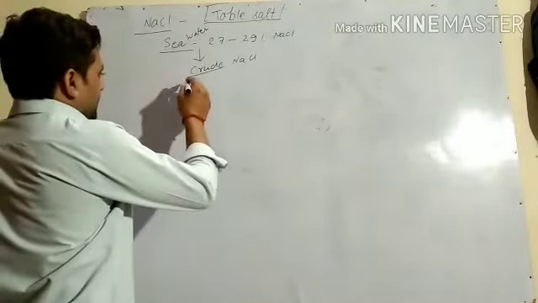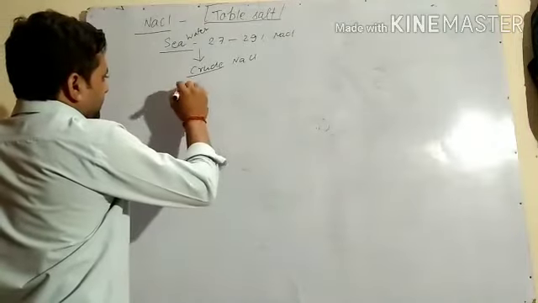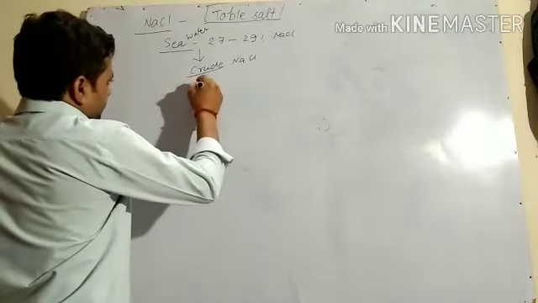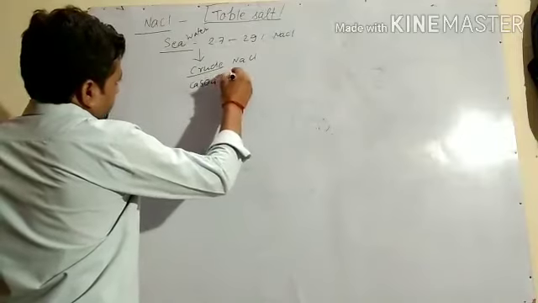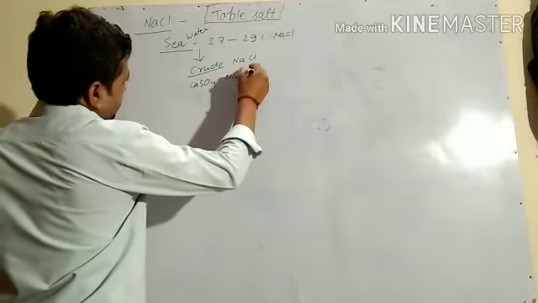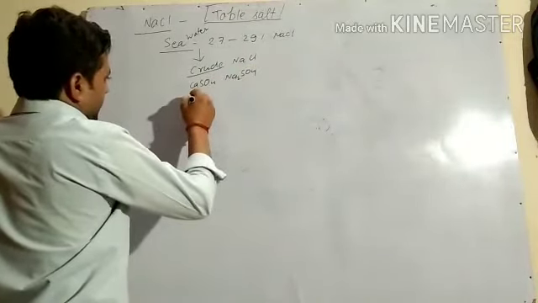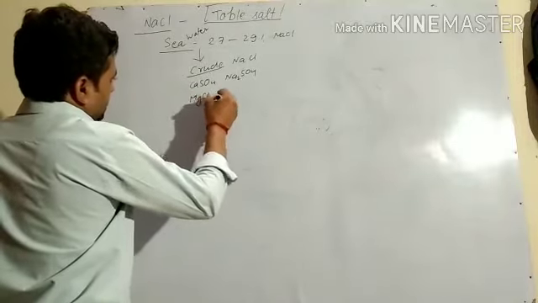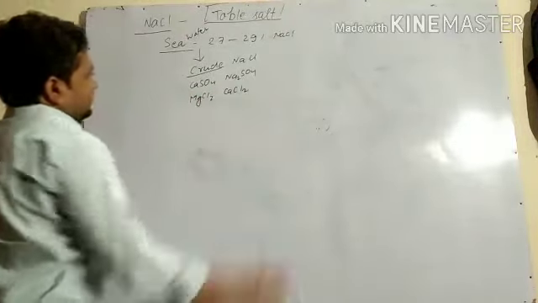This crude NaCl contains impurities of calcium sulfate, sodium sulfate, magnesium chloride and calcium chloride.